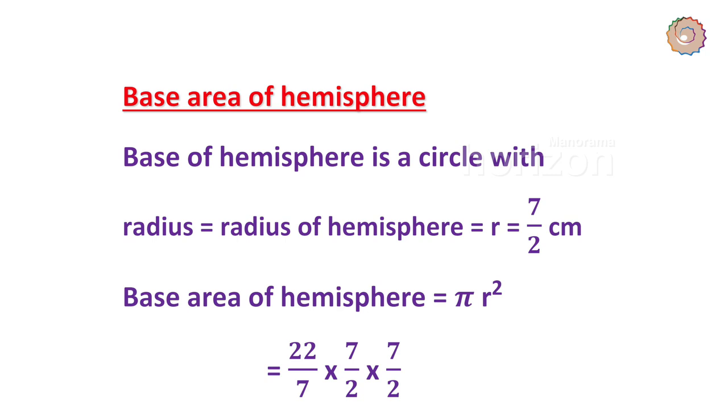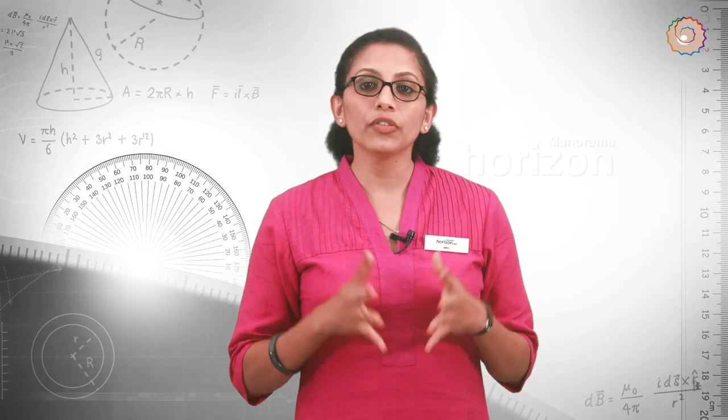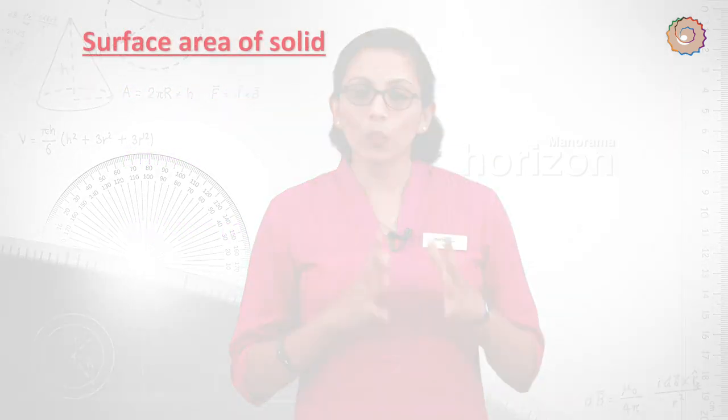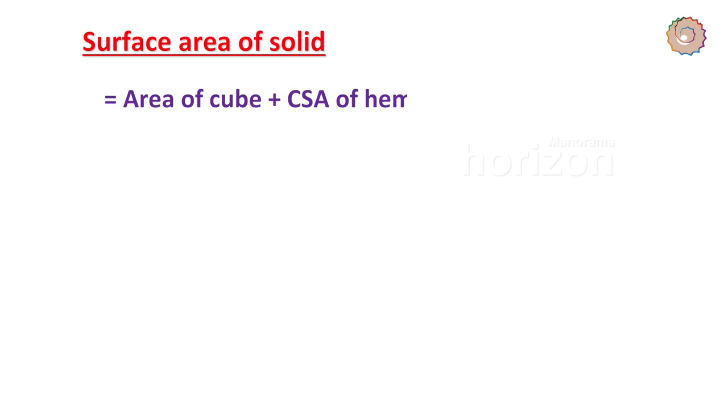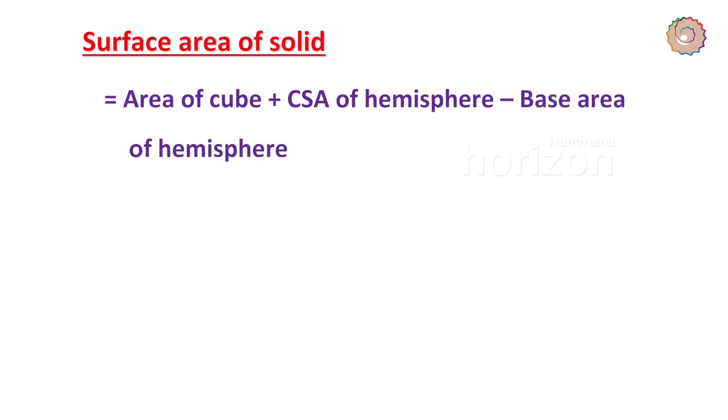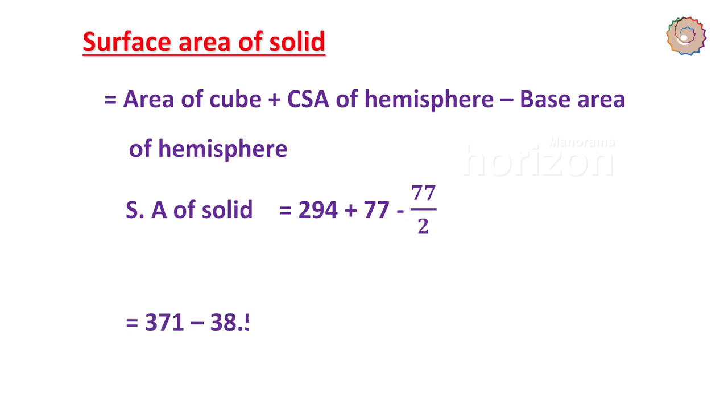Now we find the surface area of the solid, which is equal to the surface area of the cube plus the curved surface area of the hemisphere minus the base area of the hemisphere, which is equal to 294 plus 77 minus 77 by 2, which is equal to 294 plus 77 minus 38.5, and we get 371 minus 38.5, and on solving we get 332.5 cm square.